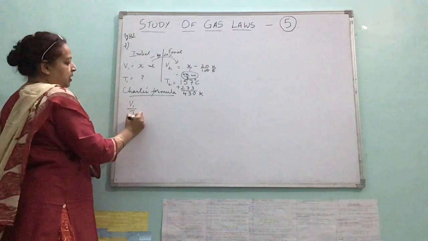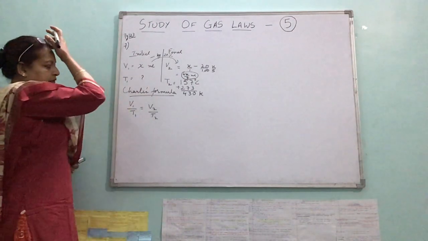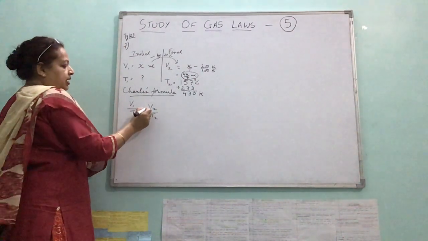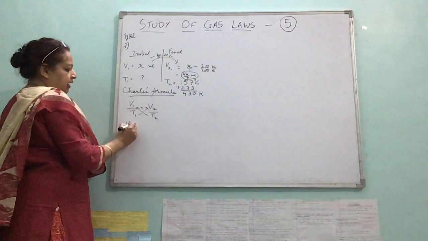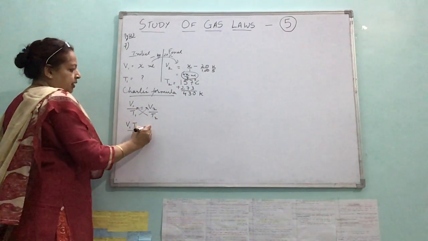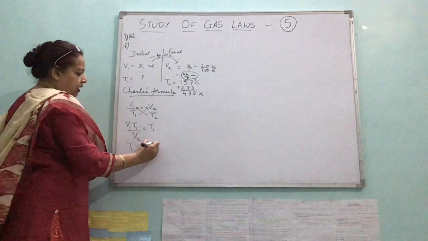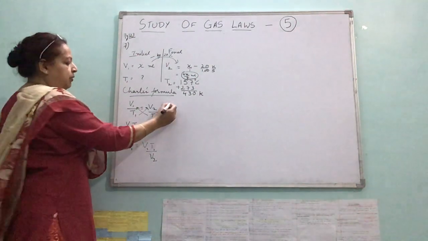Okay, Charles' formula. V1 upon T1 is equal to V2 upon T2. We have to find T1, so I'll cross multiply, right? I'll take this to this side and this to that side. So you get T1 is equal to V1 T2 upon V2. Let's substitute.